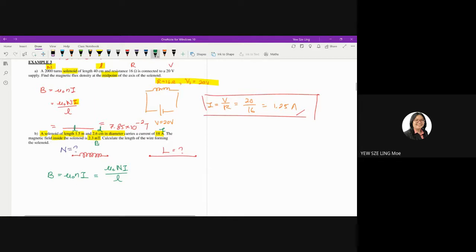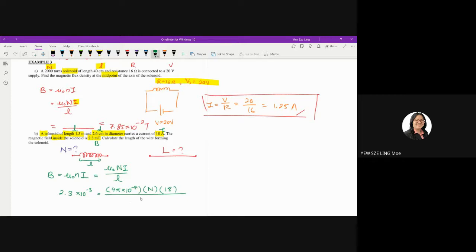So given B equals 2.3 times 10 to the power of negative 3 equals, now mu naught is 4 pi times 10 to the power of negative 7. N is the unknown. I is given, 18. Length is given, the length of the solenoid. The length of the solenoid and the length of the wire forming it are two different things.